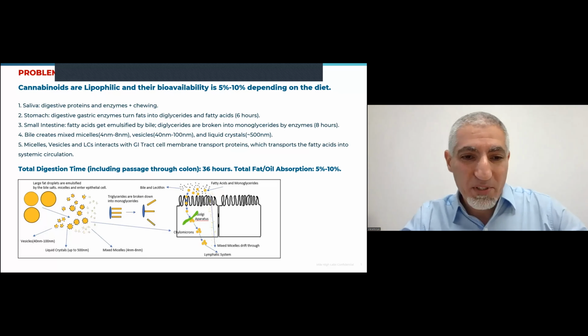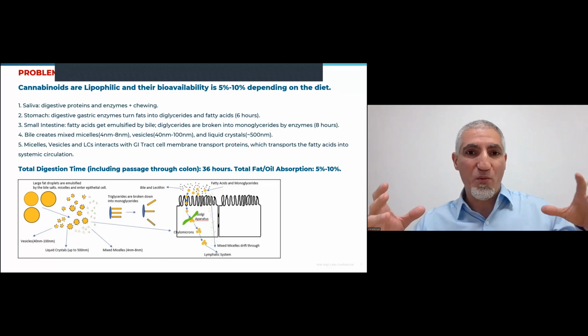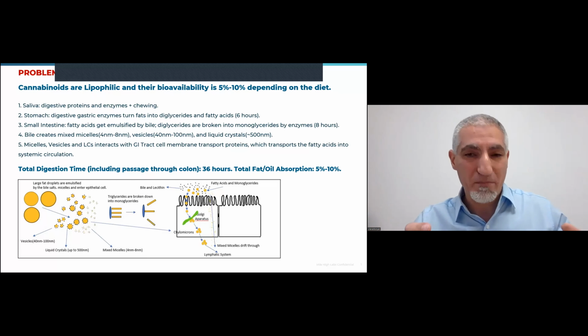But what happens here is that, in terms of lipids in the small intestine, there are large lipids and there are smaller lipids. So there's a variety of sizes of lipid droplets that make it from the stomach into the small intestine. And all these lipids get emulsified by bile.